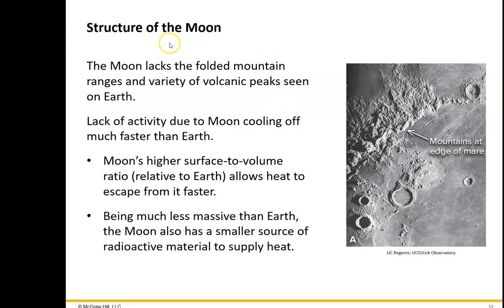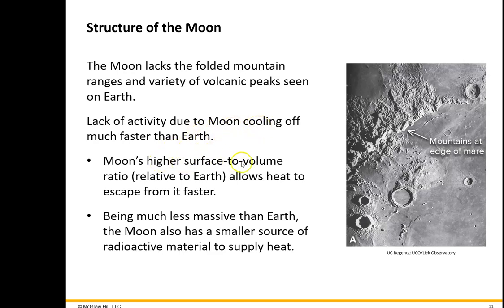All right. So the structure. The moon lacks what they call folded mountains, the kind of mountains that we see on Earth. That was one of the first observations: it does have mountains, but they're really more like foothills. We don't have a lot of geological activity on the moon. The moon cooled off much faster just because of its size.